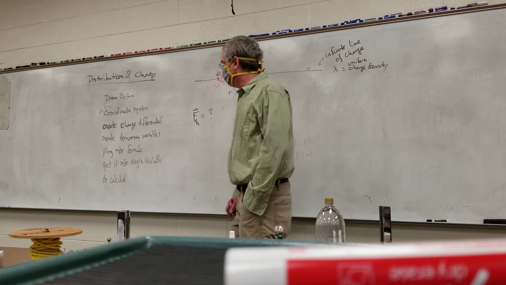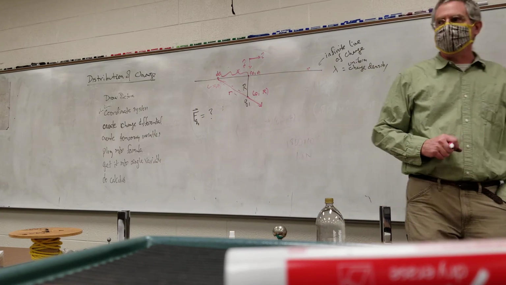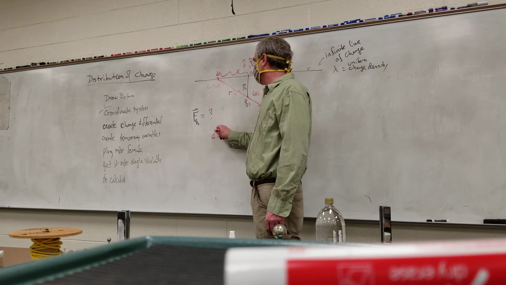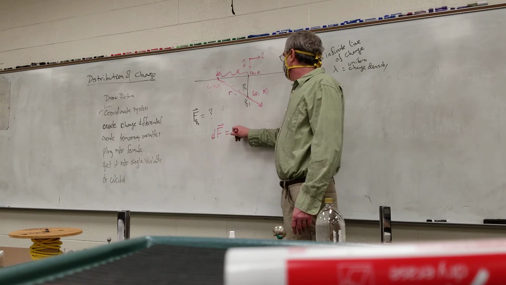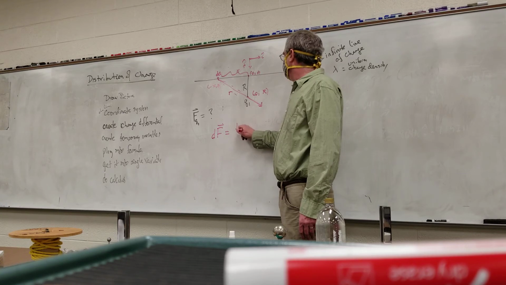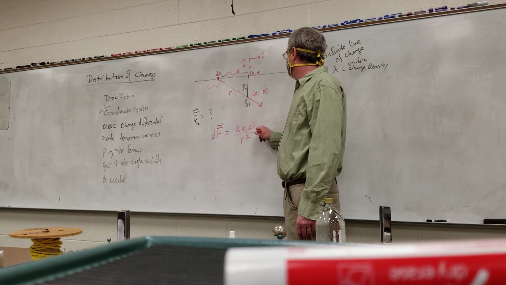Now we plug into the formula. We are dealing with a differential here, so when I plug into Coulomb's law, I technically don't plug into the force, I plug into the differential of the force. dF is equal to k Q1 dq over r squared.